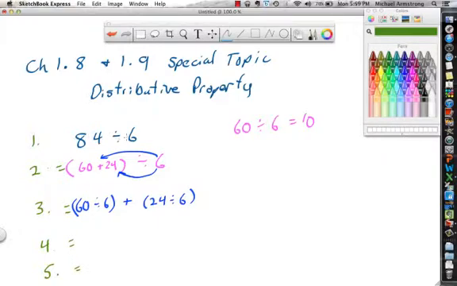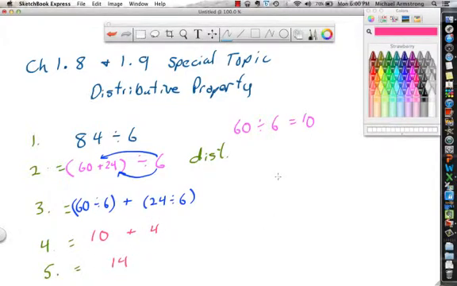Okay, so 84 divided by 6 is equal to 60 plus 24 altogether divided by 6. And this is equal to 60 divided by 6 plus 24 divided by 6 using the distributive property of multiplication, but we're using it in reverse. Okay, so 60 divided by 6 is 10, 24 divided by 6 is 4, and 10 plus 4 is 14.